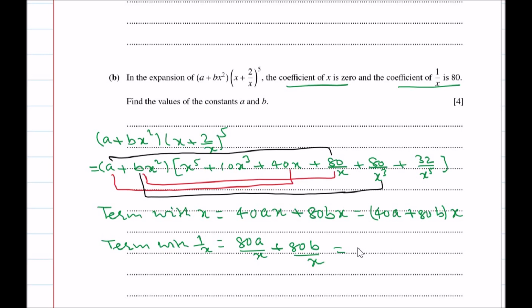Now we can take 1 by x common and we write 80a plus 80b into 1 by x. Now the coefficient of x is equal to 0.